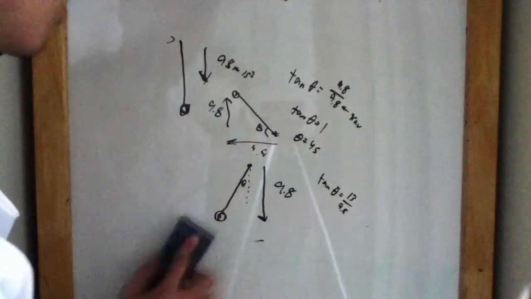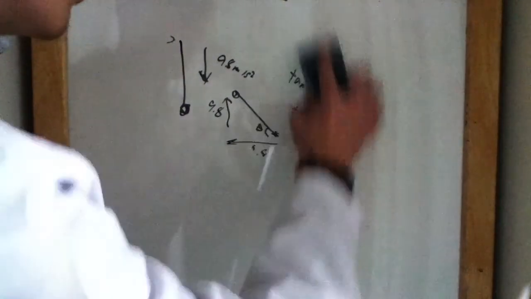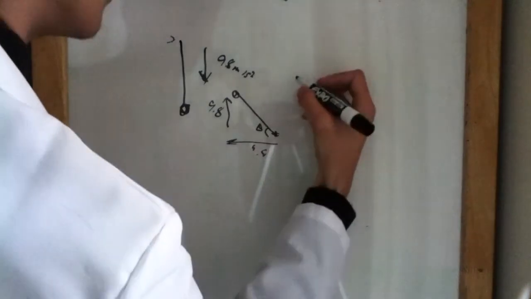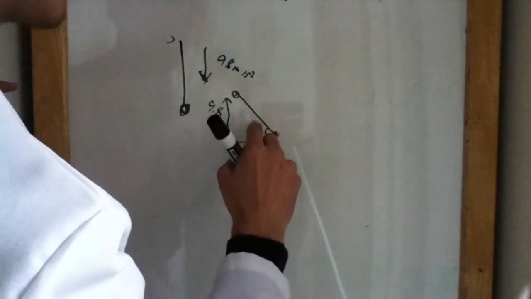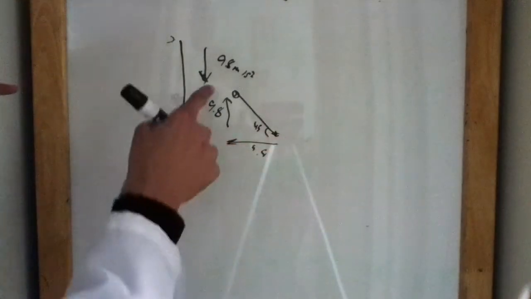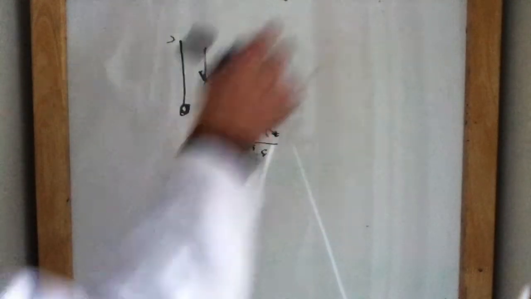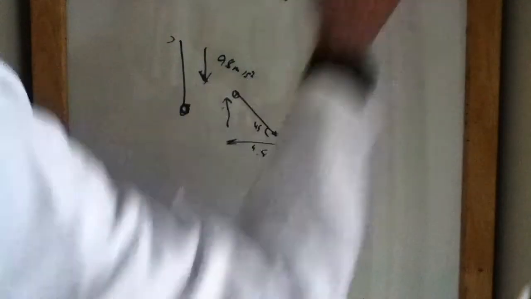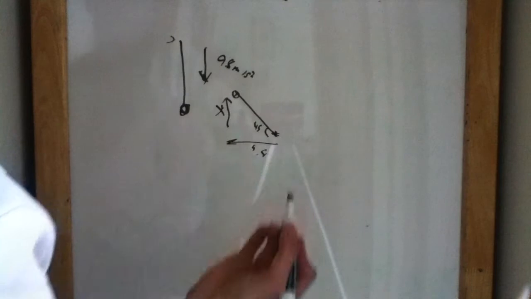Well then, you could do something similar. So now we could just say this is 45, and since we flipped over the triangle, this up one is your horizontal acceleration, and then this would be, say, x.